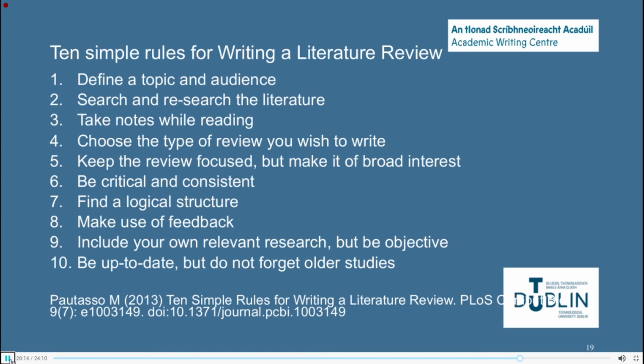So you can read them in your own time, but it is perhaps useful to have them as a one-pager to guide you through the process of carrying out the literature review for your dissertation or indeed your standalone project.